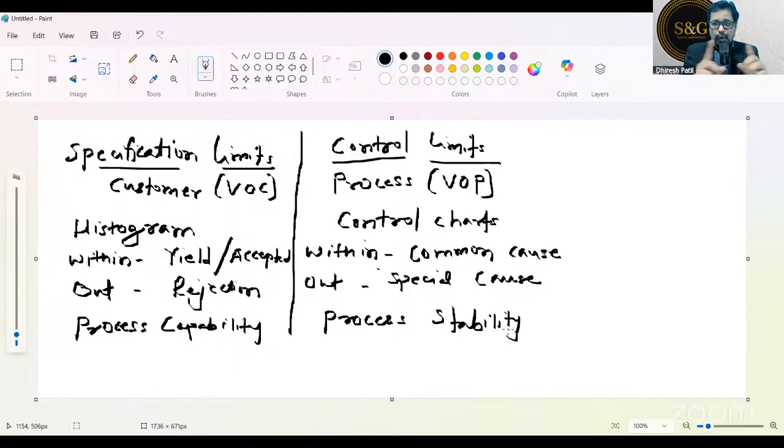I'll repeat both statements. Process capability is ability of the process to satisfy customer requirement, in bracket specification limit. Process stability is ability of the process to remain within the control limits.